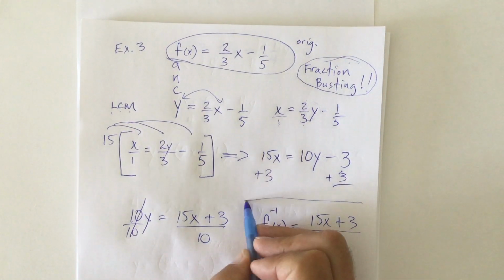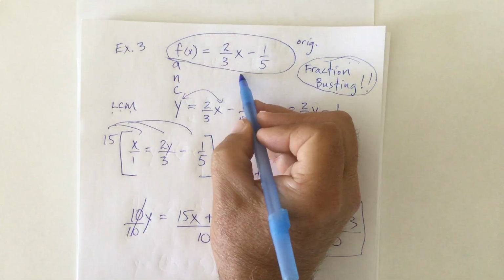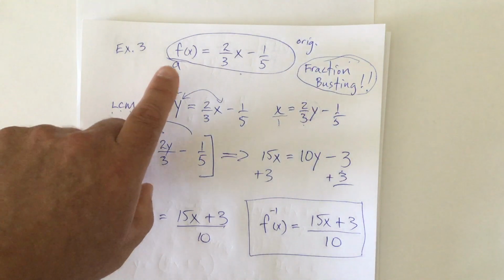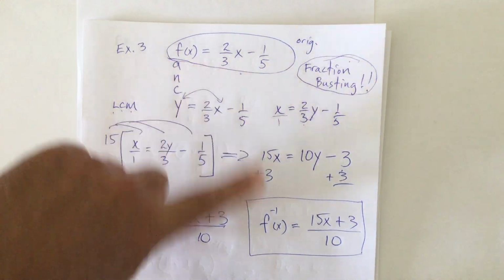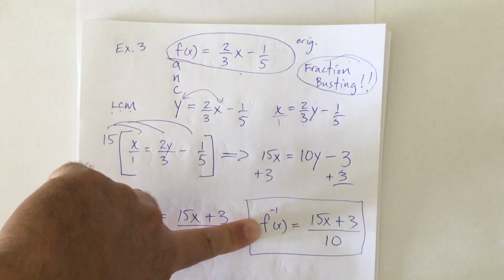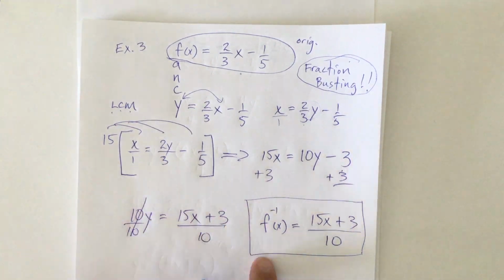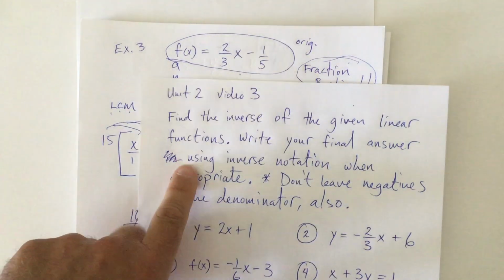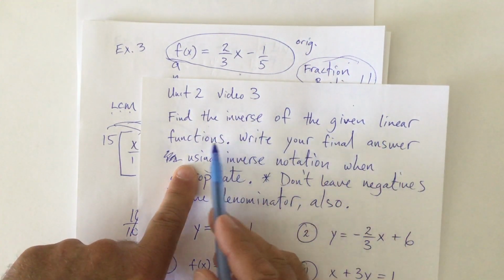So this guy right here and the original dude up here are related to each other by the concept of inverse. If the original problem says f of x, my answer should say f inverse x. Let's look at the instructions again. Find the inverse of the given linear functions.